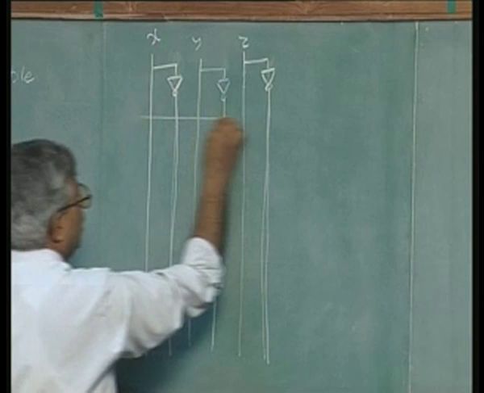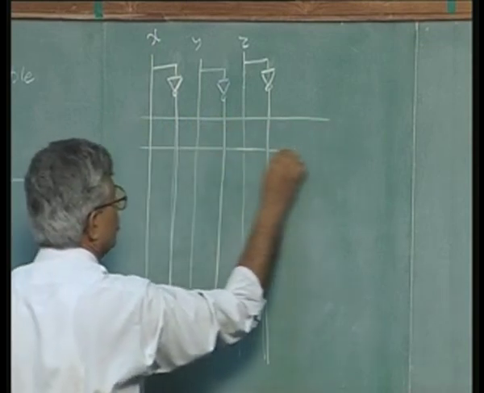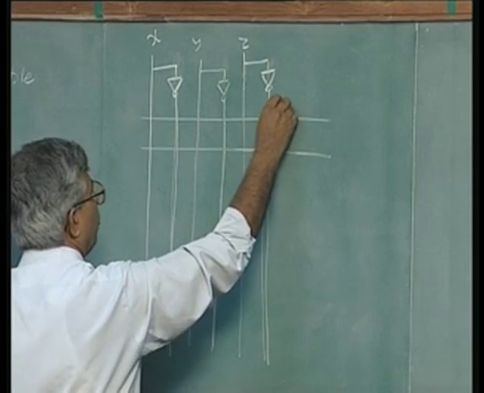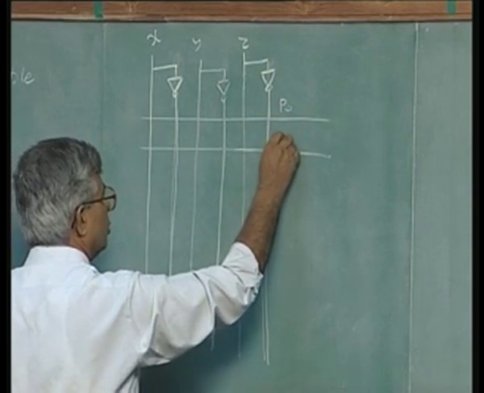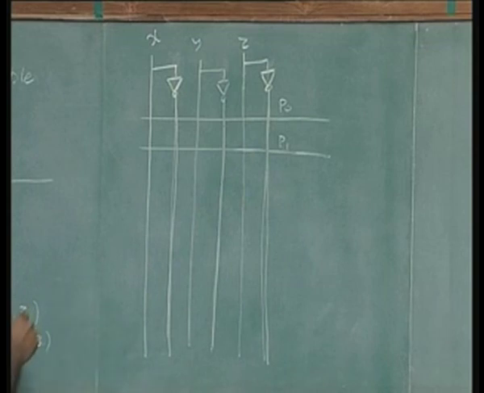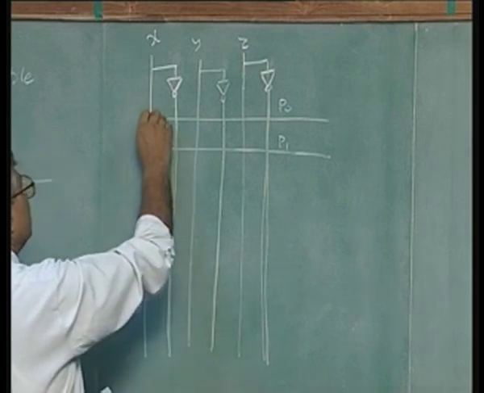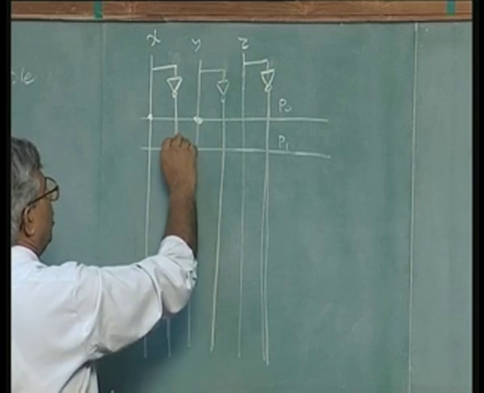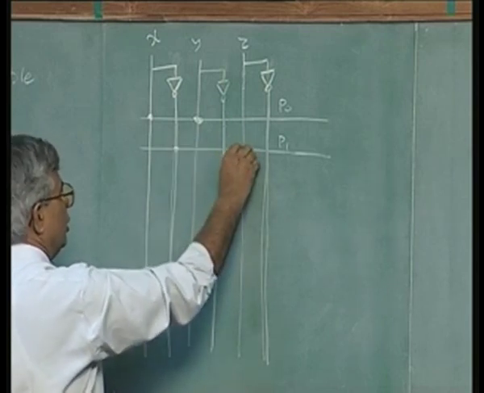So I generate the product terms. I call these product terms P0 and P1. This is the first product. The first function is xy XOR z, x bar z, xy, x bar z.